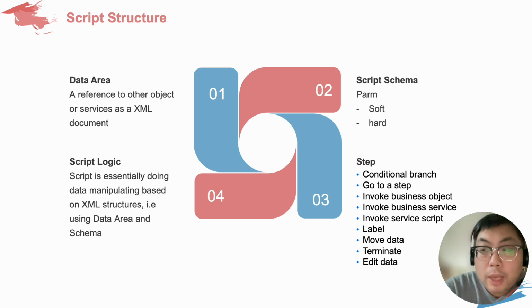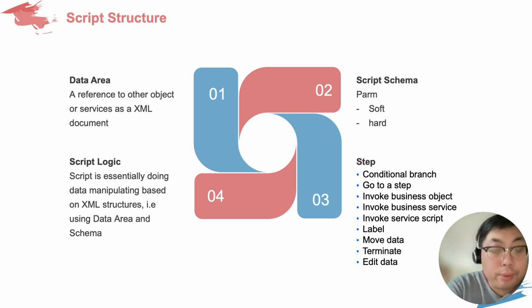Soft actually means the soft parameter, which means the parameter defined on the algorithm type. Okay, so it's not the soft parameter on the script, but it's taking the soft parameter from the algorithm type, and the value is defined on the algorithm.